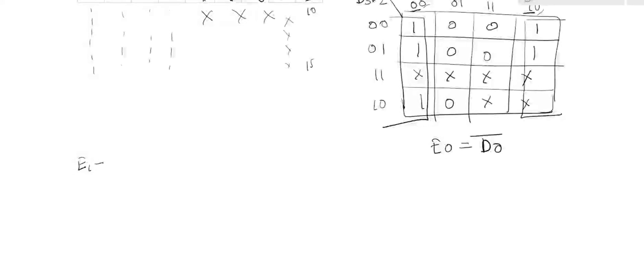E1 has the expression D1 bar D0 bar plus D1 D0, which is nothing but D1 XNOR D0.